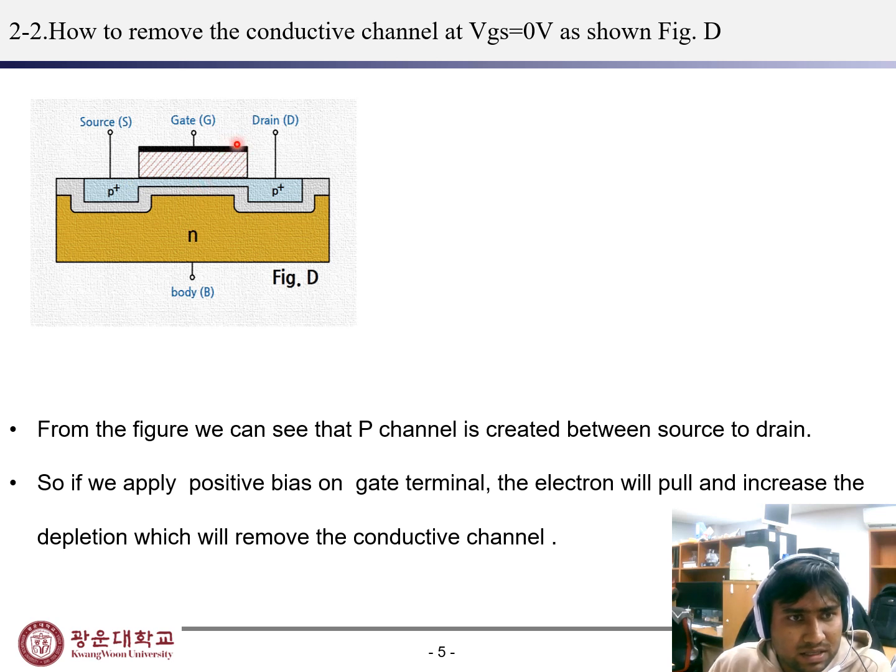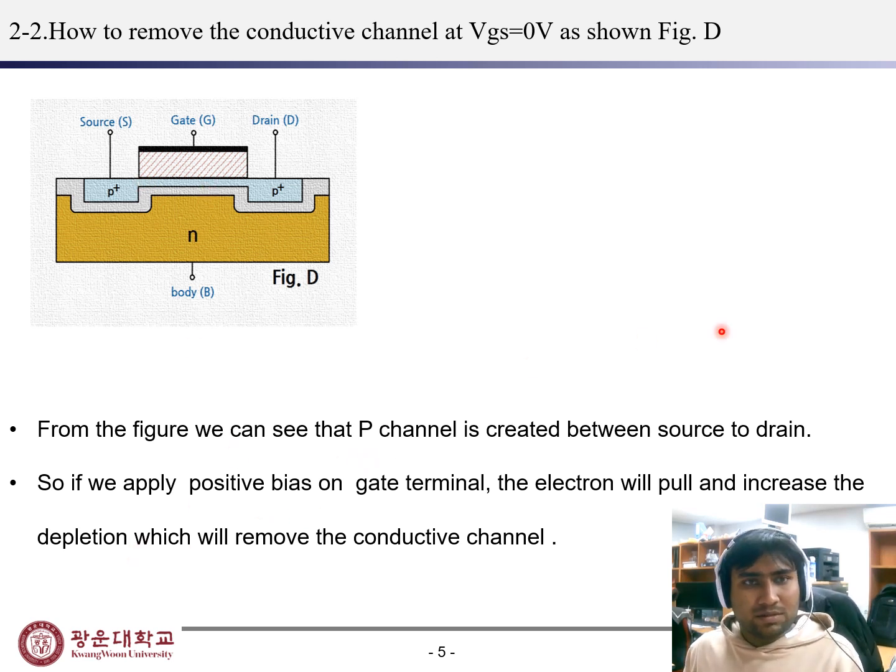It's the gate metal, it's silicon dioxide, it's called source, it's called drain. At VGS 0 volt, if we apply a positive voltage at the gate terminal, the electrons pull and increase the depletion. Here the depletion increases and will remove this conductive channel P if we apply positive bias at the gate terminal.